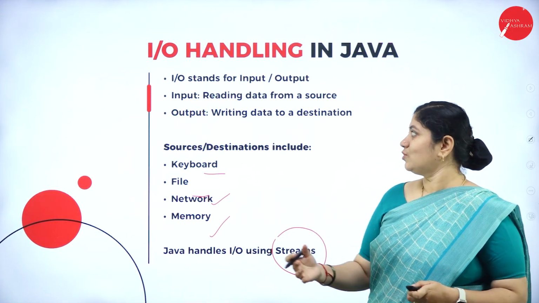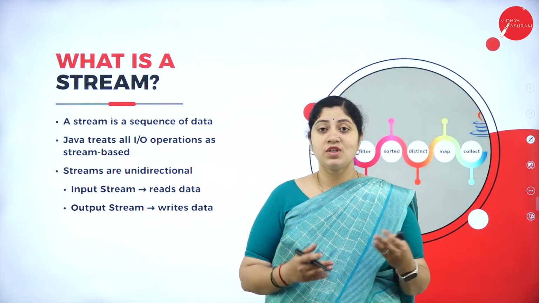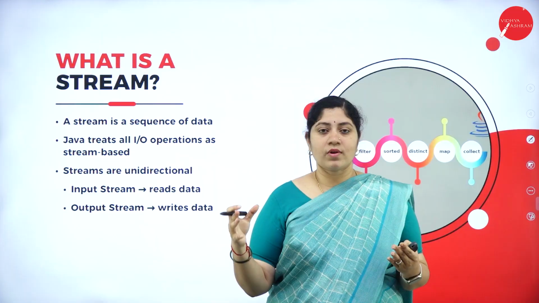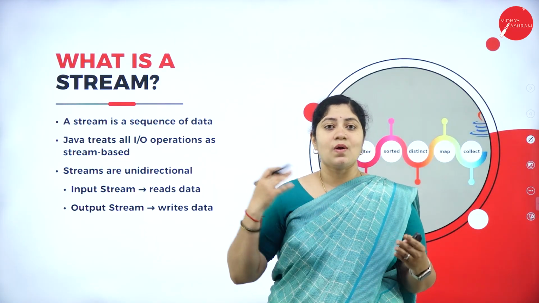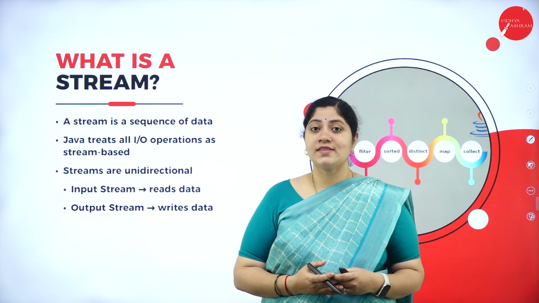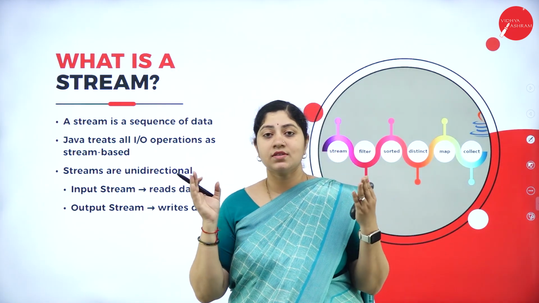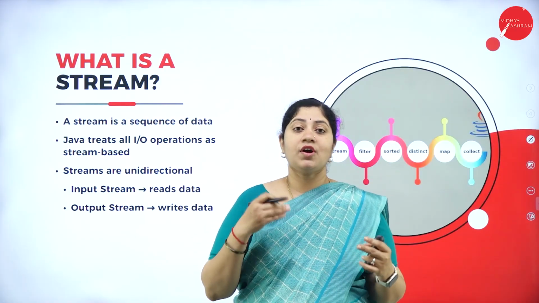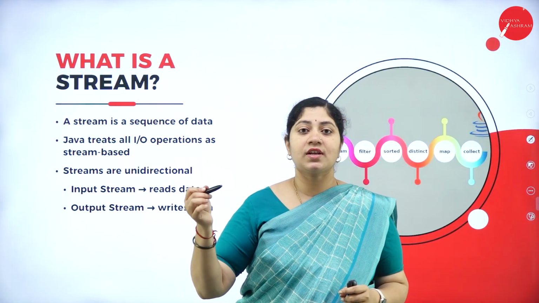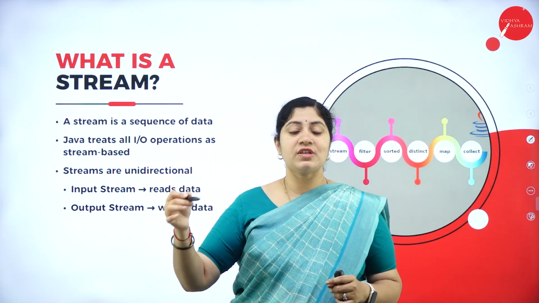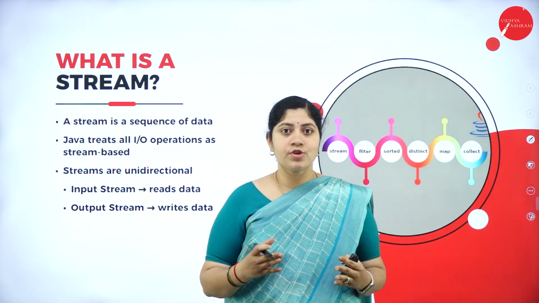All right, let's move forward with understanding what a stream is. As we understood, the complete IO class is considered with a stream in Java, right? So now let's understand what exactly this stream is. A stream is nothing but a sequence of data. Java treats each and every IO operation as a complete stream-based class. The main thing to note here is that streams are completely unidirectional.